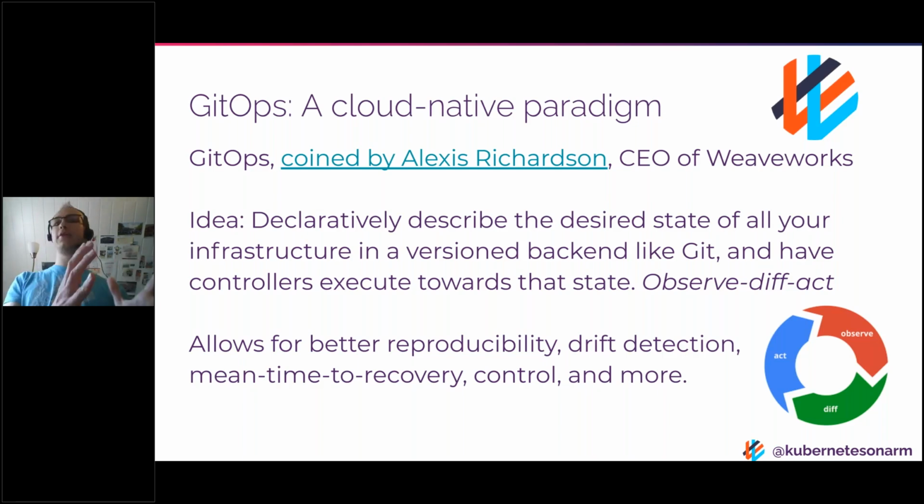So the desired state is 3 DNS records should exist, then actual state is no DNS records exist. And then I act. Then I create the 3 DNS records that should exist. So that is one example of the more general GitOps paradigm. And then this allows for better reproducibility, drift detection, mean time to recovery, control, and much more.